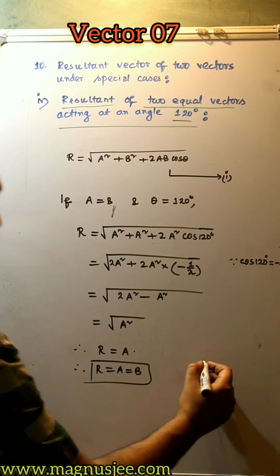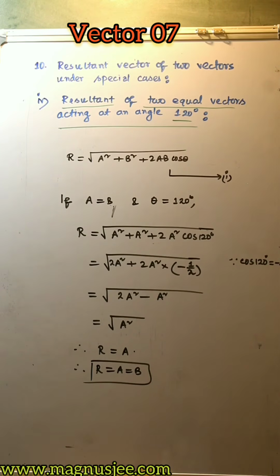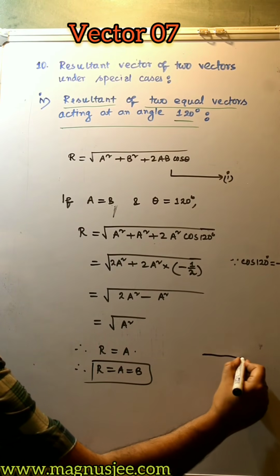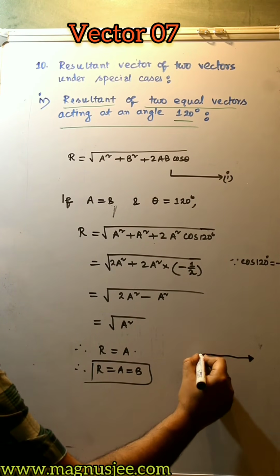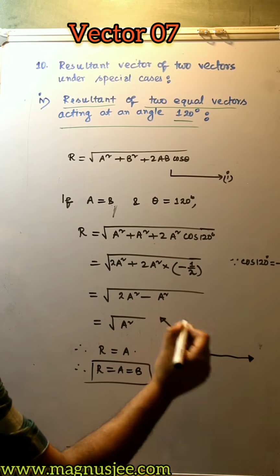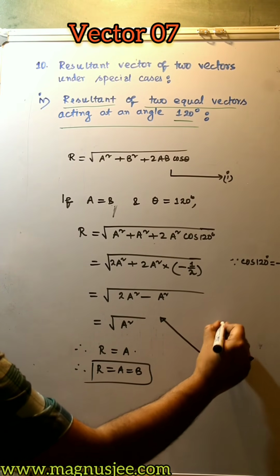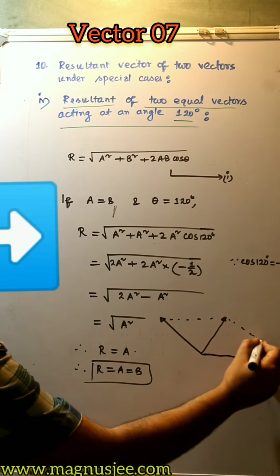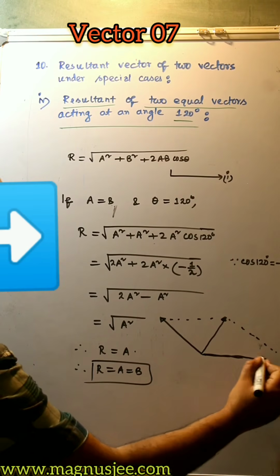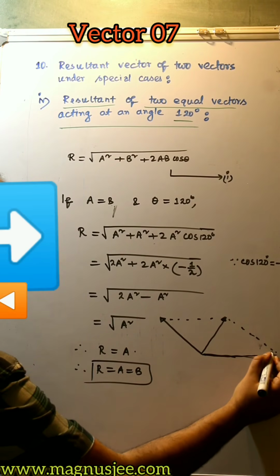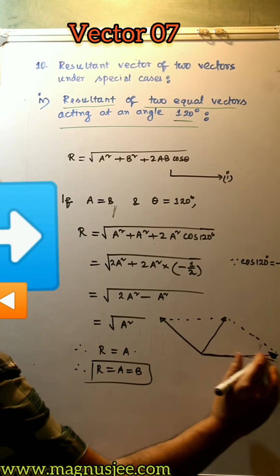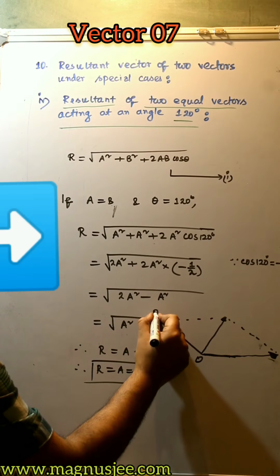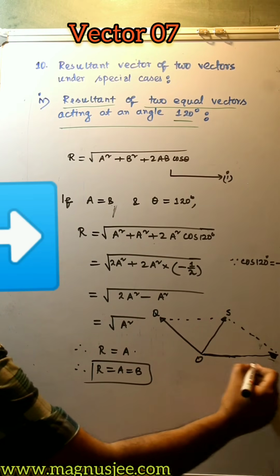If we draw the diagram, two equal vectors A and B are acting at an angle of 120 degrees. The resultant will be acting along the diagonal. Let OPSQ be the parallelogram.